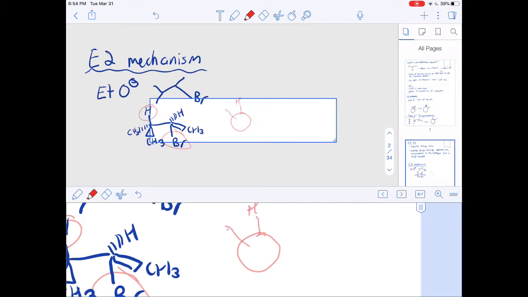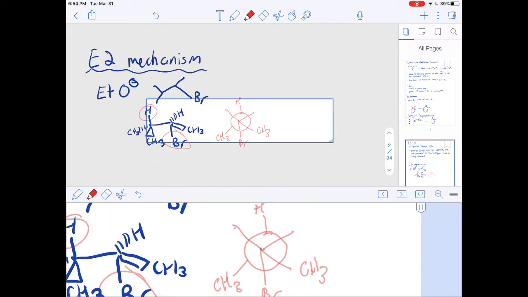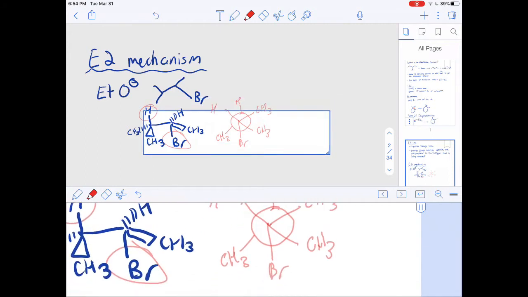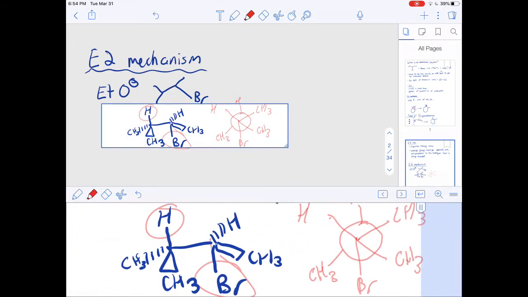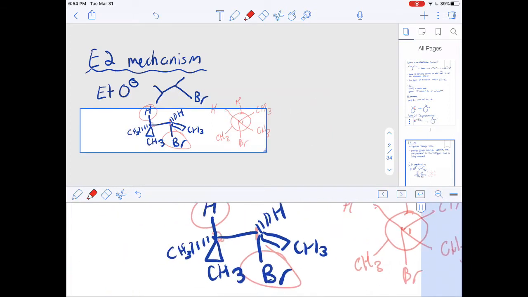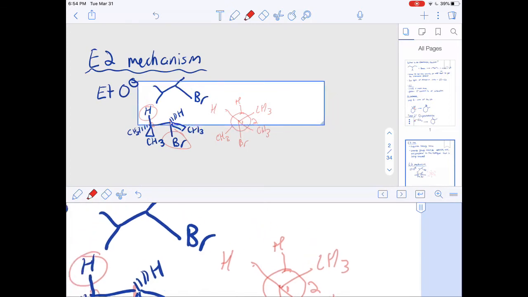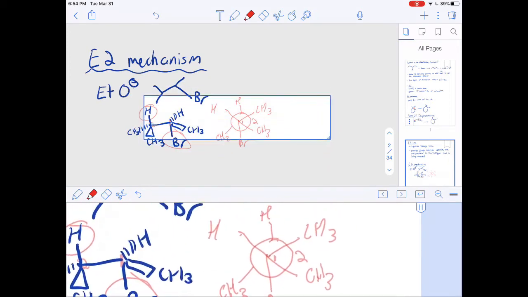So H, CH3, CH3, Br, CH3, H. So this is what the Newman would be, where this is the first carbon, and this is the first carbon, this is the second, and this is the second. And as you can see, the H is anti to the Br.